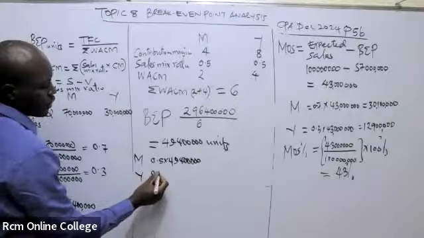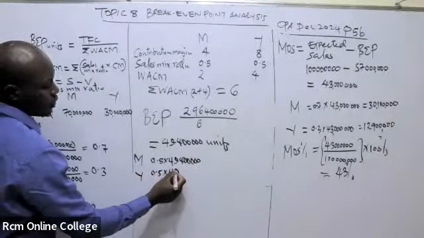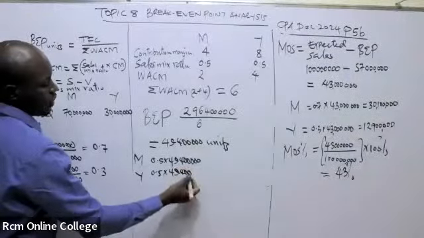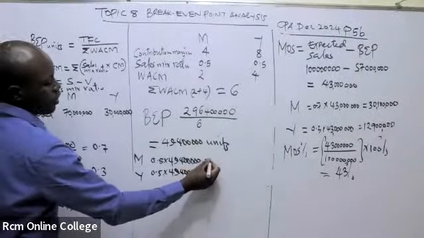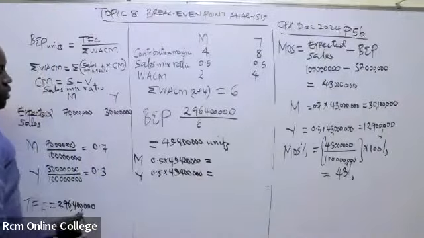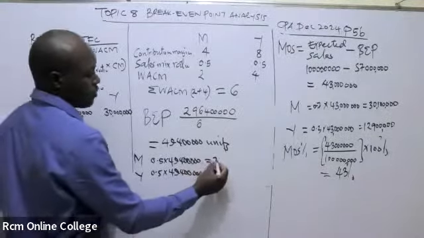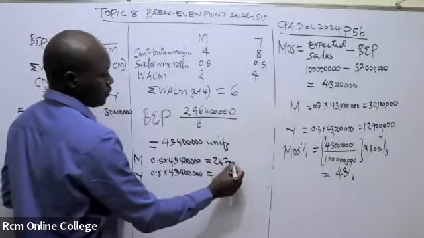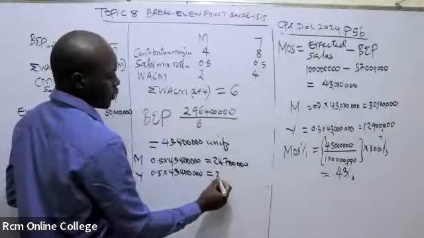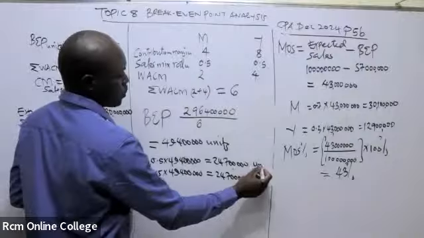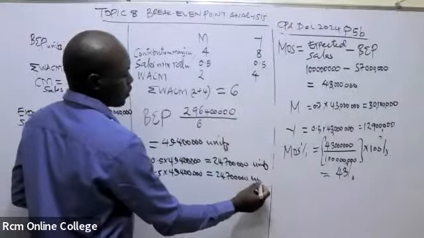Product Y has got the same 0.5 of the 49,400,000. So what are we getting? 24,700,000 for each. I hope you have the units.